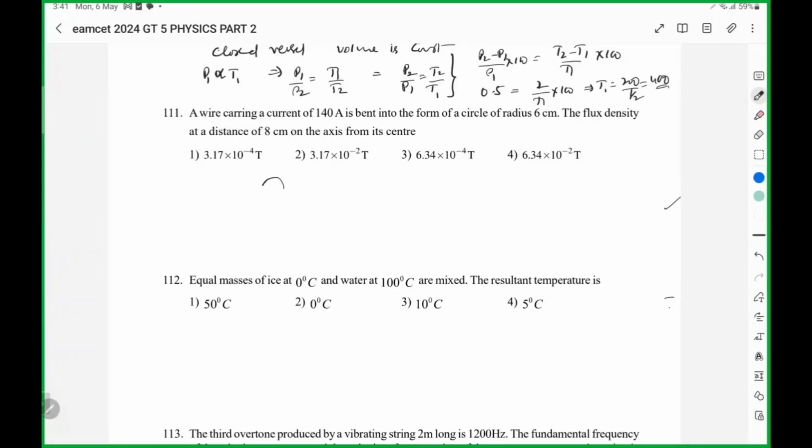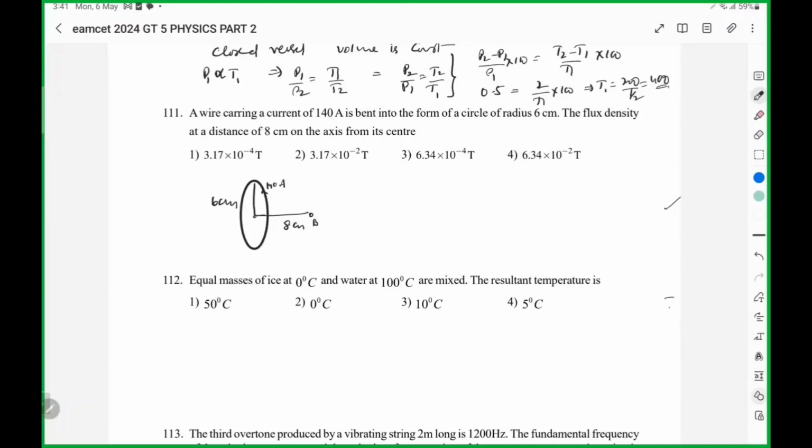And 140 amperes went into it in the form of a circle of radius 6 centimeters. Magnetic field at a distance of 8 centimeters.